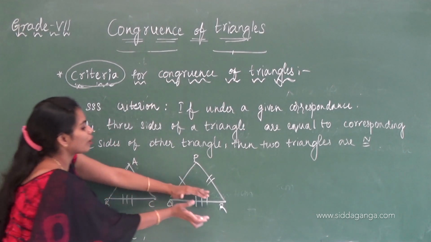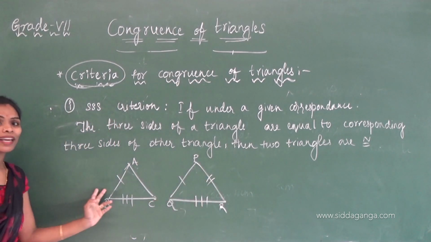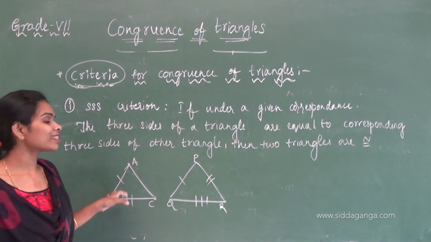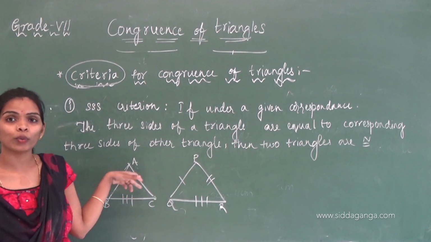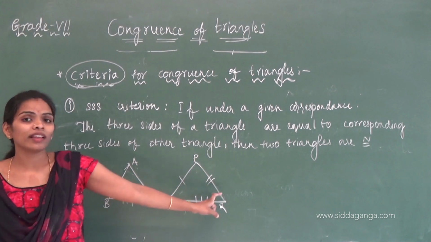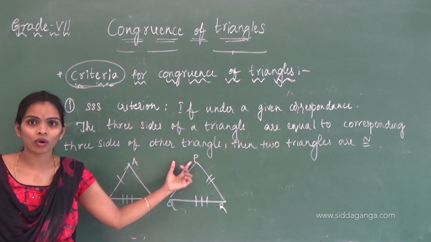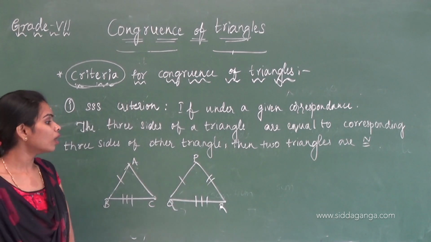If you take this one you have to take this one; if you take AC then you have to take PQ, then it will be corresponding, correct? If three sides of one triangle are equal to corresponding three sides of another triangle, then we can tell triangle ABC is congruent with triangle PQR.